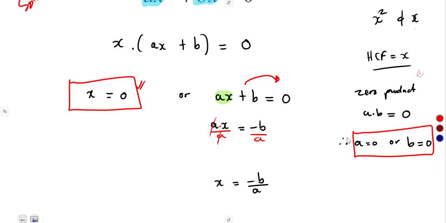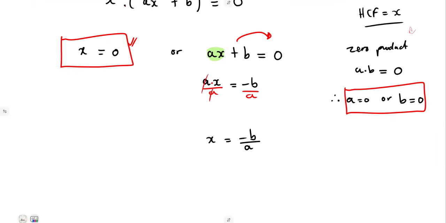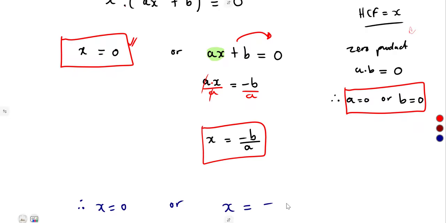We have another solution for that x. So in our case, there are two possible solutions representing x. The one that is equal to 0, or the one that is equal to minus b over a. Just like that.